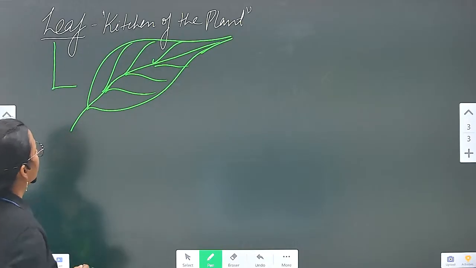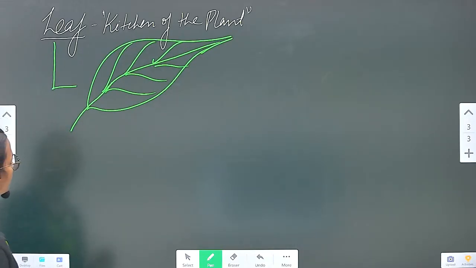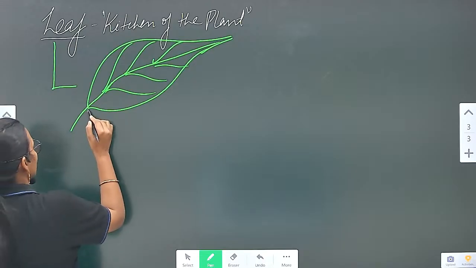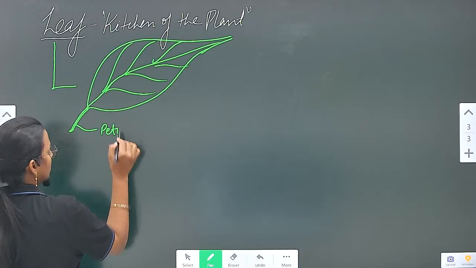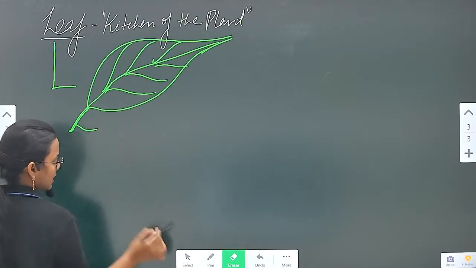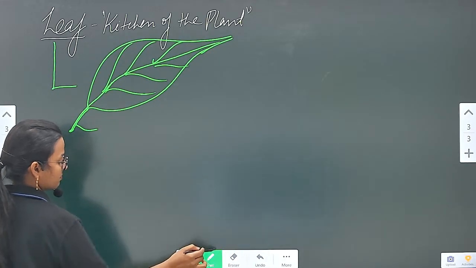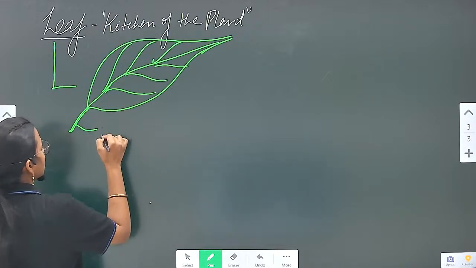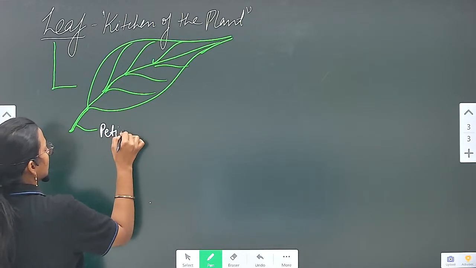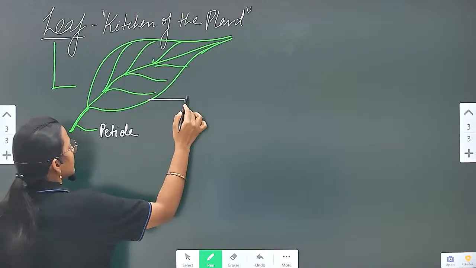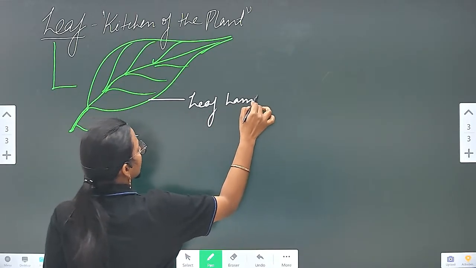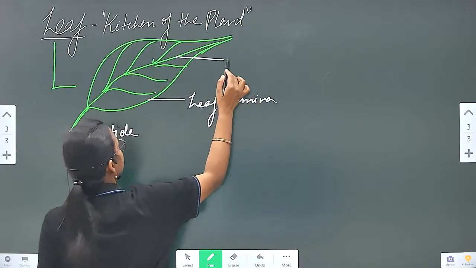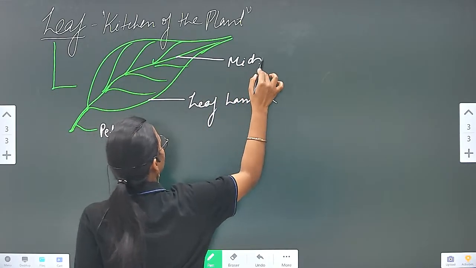Yes. Exactly, the kitchen of the plant is the leaf. Then this is what? The petiole. Okay, let us label it with white color. This is the petiole of the leaf. This is the leaf lamina. Yes, and this is the midrib.